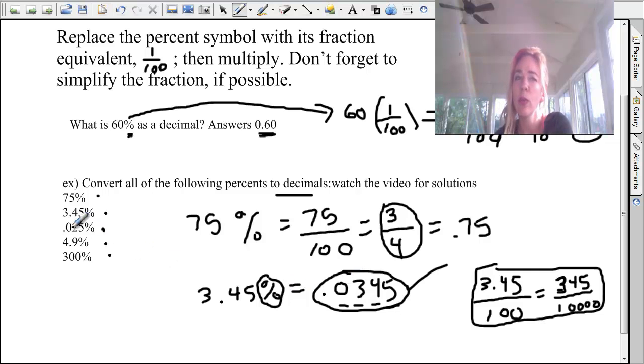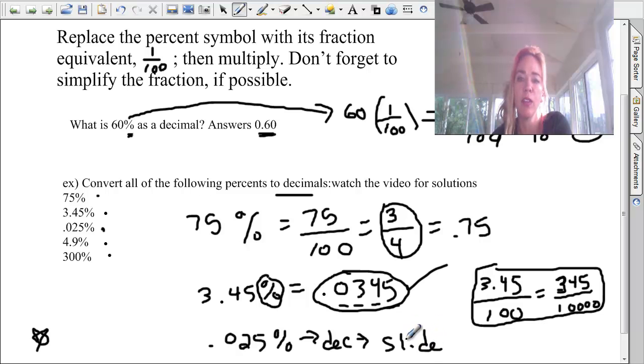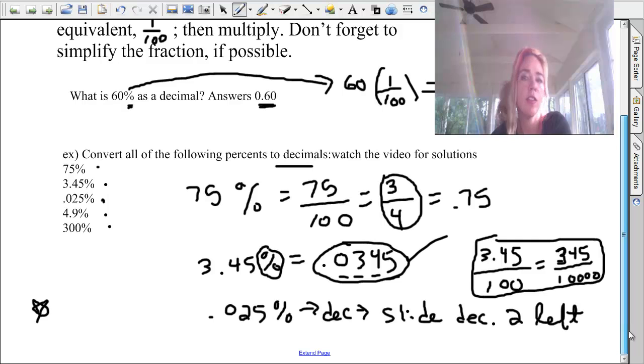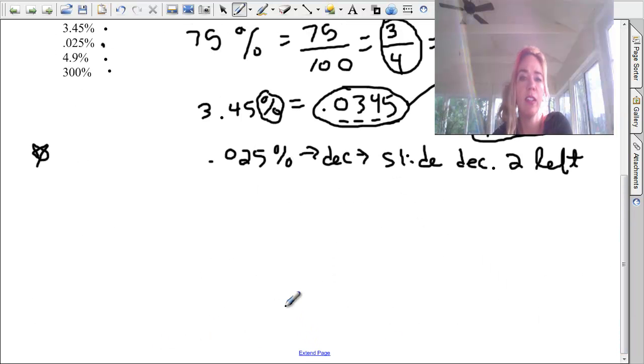So when you get really comfortable with the mental math, I just want to make a little side note here. To go from percent to decimal, you could just slide the decimal 2 units left. Reverse the flow. So that'll make our lives a little easier in this one.